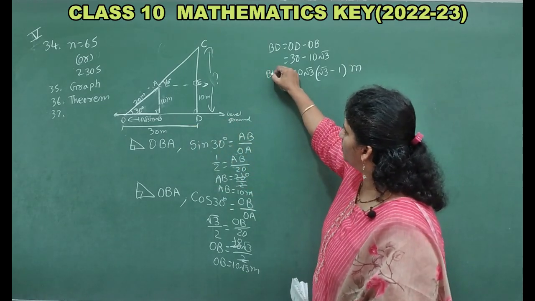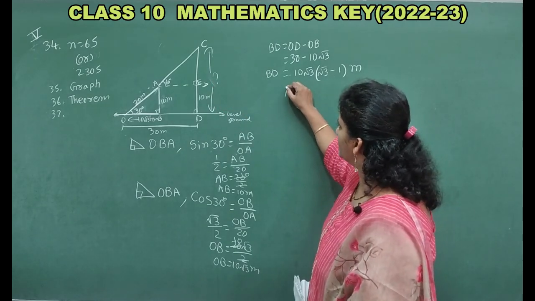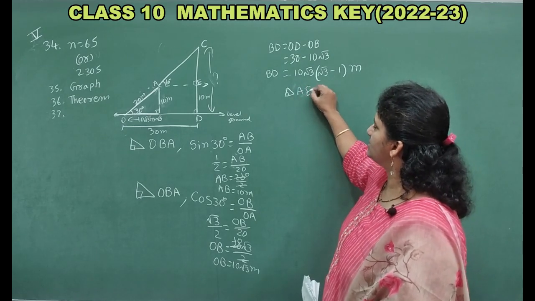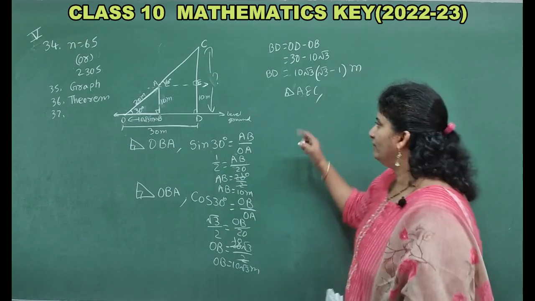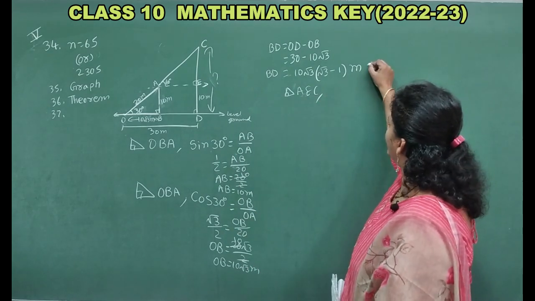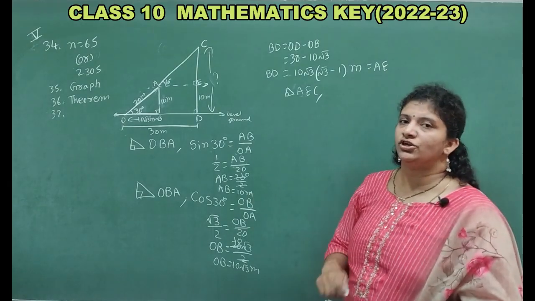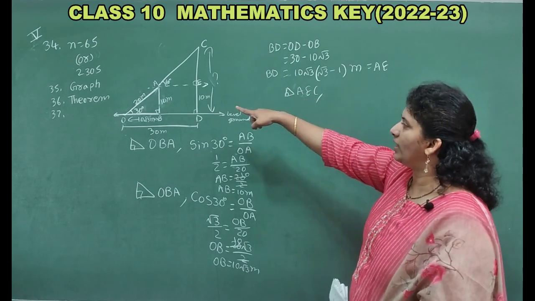This is BD. Now take the right triangle. Consider the right triangle AEC, in order to get CE. We know AE, you can write this is also equal to AE. Now which ratio are you going to take in order to get the opposite side? I know adjacent.